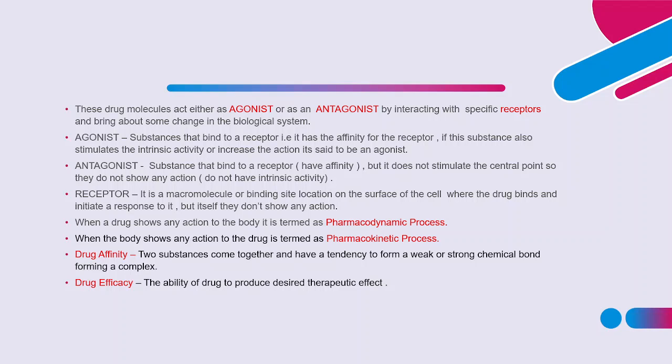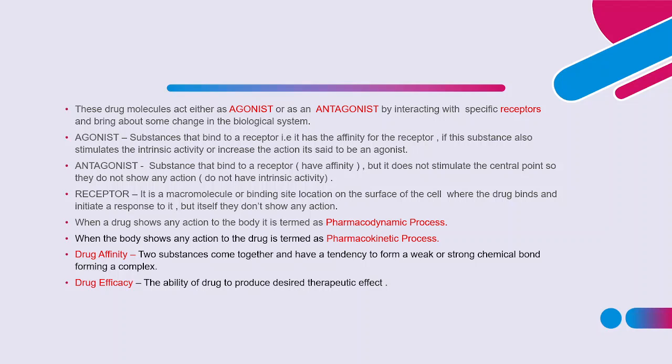This is what we call having an affinity. When they are forming a complex, they are said to have affinity for each other. And when after getting combined, they stimulate it and show some positive or increased effect, stimulating the central point, it is said to have intrinsic activity.